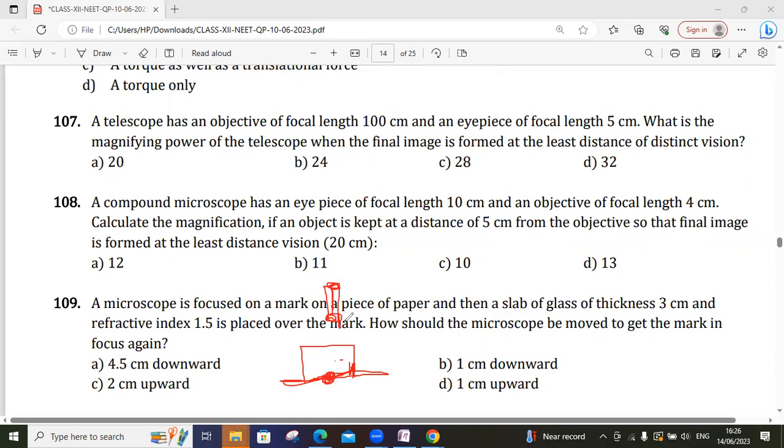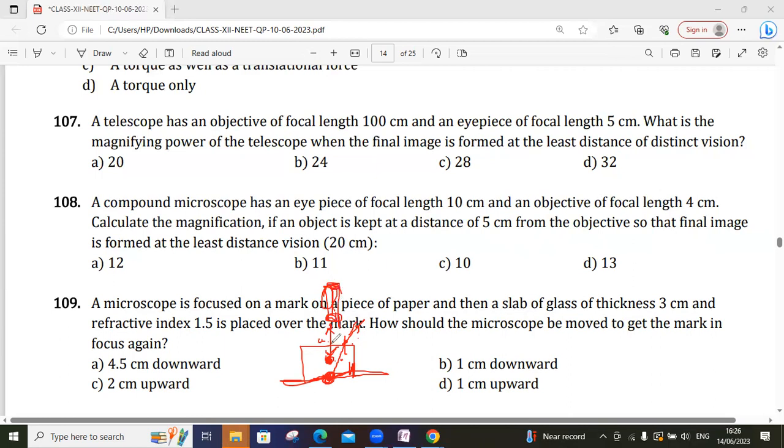But now with the glass slab, because U changes, because the ray which comes to the microscope will be like denser to rarer, away from the normal. So it will be as if the object for microscope is here. So U changes. If U changes, F is same. So V changes, but V has to be same for it to focus at a point.